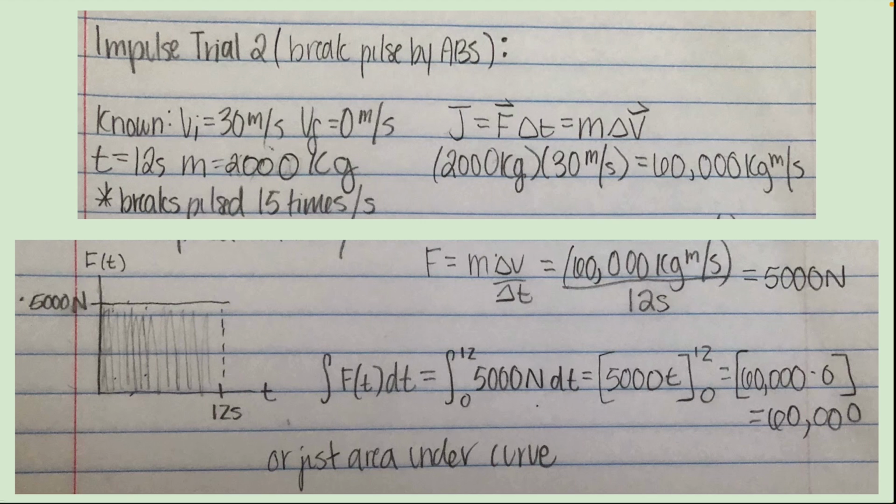In trial 2, the only things that have changed are that the time is now 12 seconds and that the brakes are pulsing 15 times per second. Potentially you could do a really specific calculation to account for that 15 times per second, but that would create so many data points. I'm just going to focus on the fact that the time is different, which will affect the force, as we'll see later on.